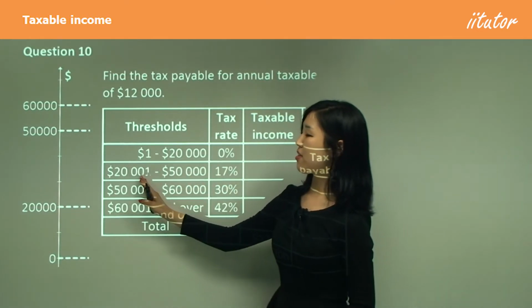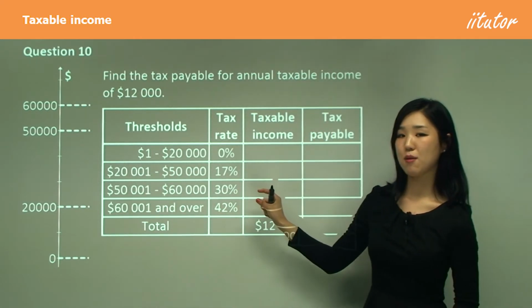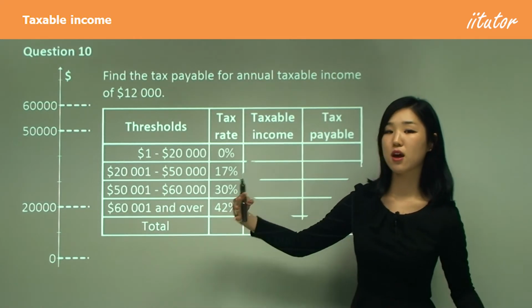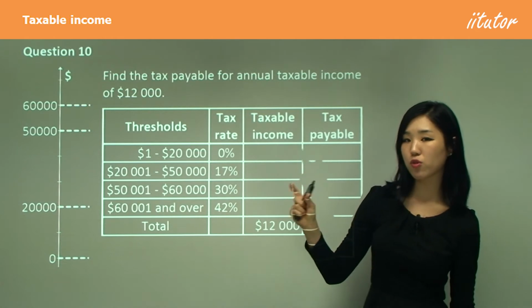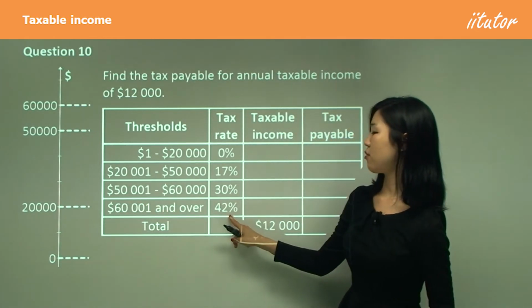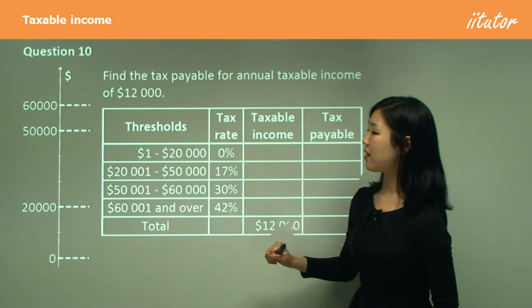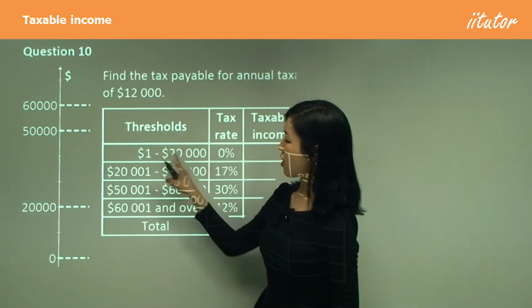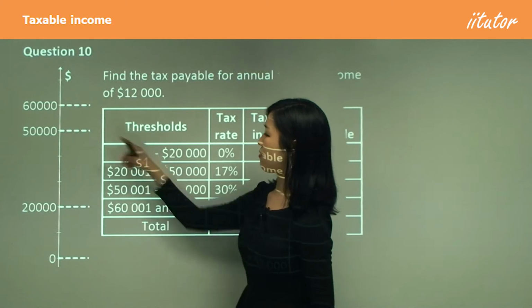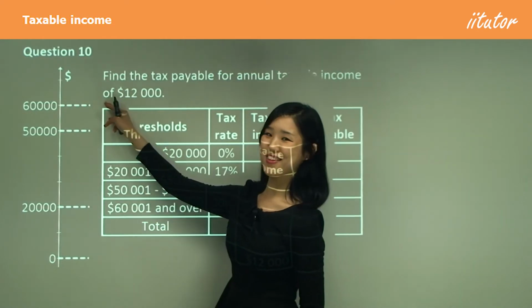From $20,001 up to $50,000, we only calculate 17%. And as the taxable income increases, that proportion, say for example this much, will be 30%, 42%, and it increases over time. See how we have up to 50,000, 60,000.